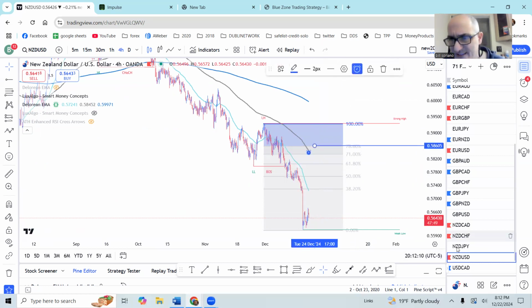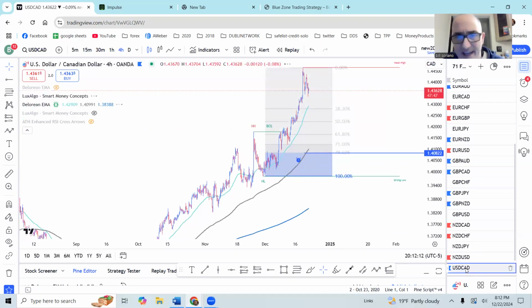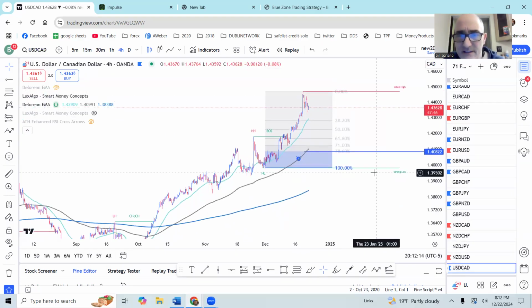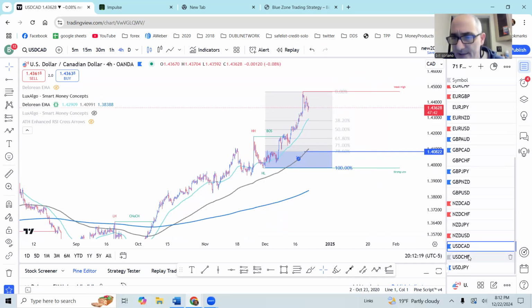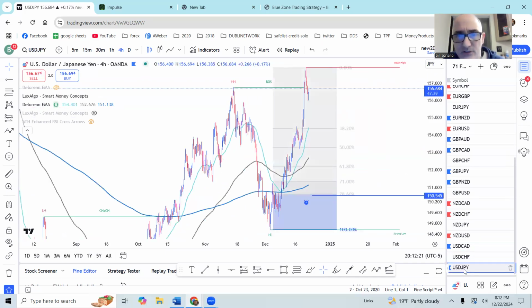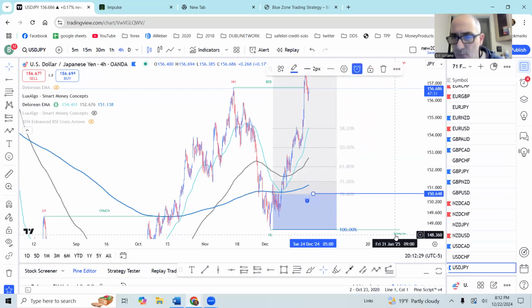USD/CAD is bullish with an alert set at 1.40822. And then we have USD/JPY, which is bullish as well with an alert set here at 150.648. So that's our blue zone alerts for the week.